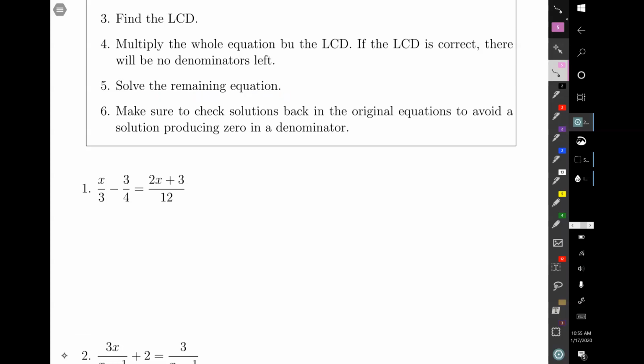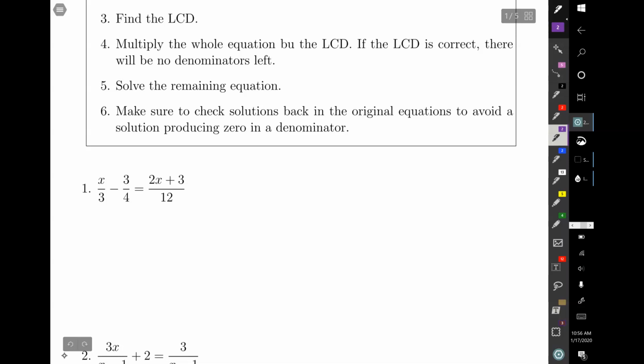Number 6 is make sure to check solutions back in the original equations to avoid a solution producing a 0 in a denominator. So you can check it against the domain, but sometimes you just want to do a check to make sure the sides balance. So I'll do this one.